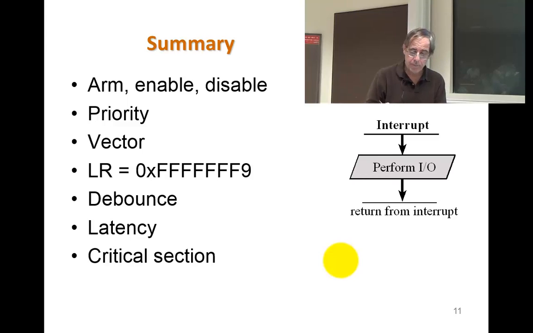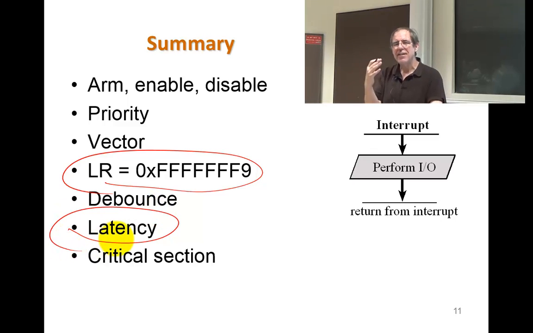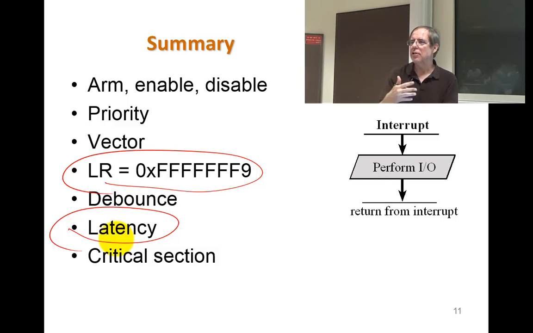So in this lecture, the summary is to look at the link register. It'll tell you where you are. We saw that we were very interested in latency, and we measured it. We used two interrupts to implement debouncing, so when you click the button on the increased time, you got 1 increment and not 5 increments.